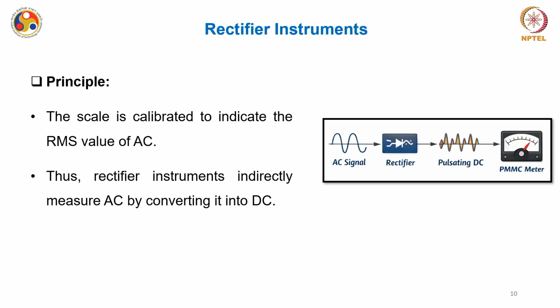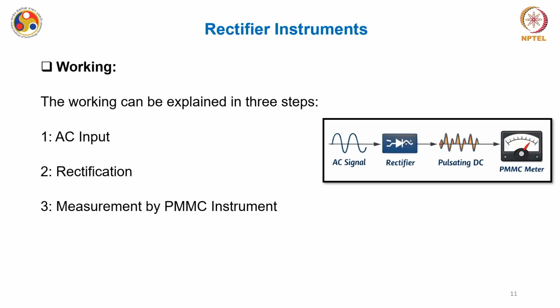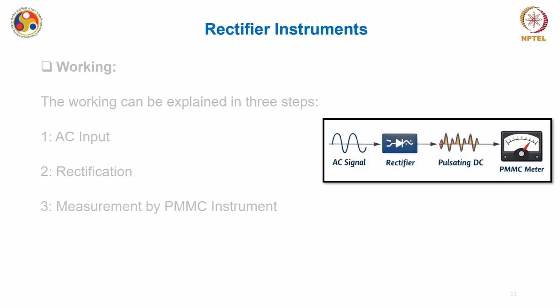The scale is calibrated to indicate the RMS value of the AC, and the rectifier instruments indirectly measure the AC by converting these values into DC value. The working can be explained simply by understanding these three steps. The first is the AC input, second is the rectification process, and third is the measurement of the pulsating DC with the PMMC instrument.